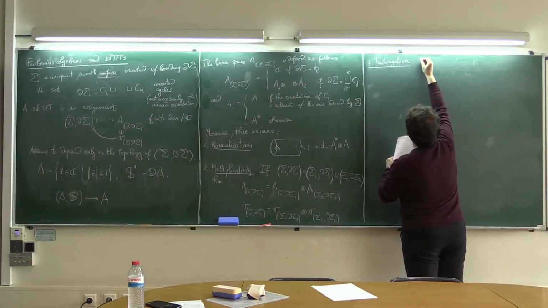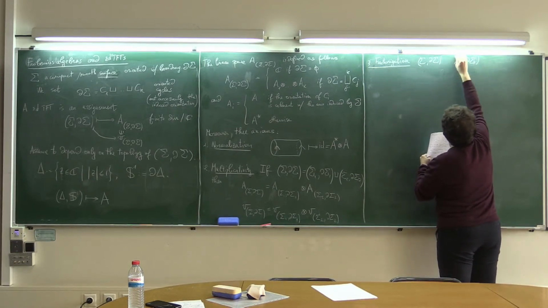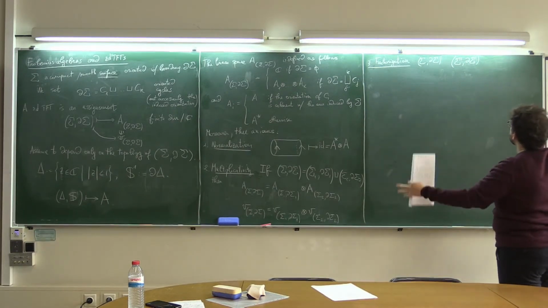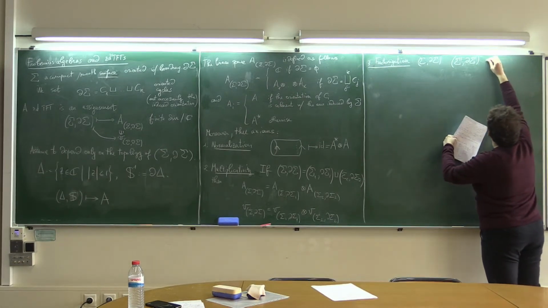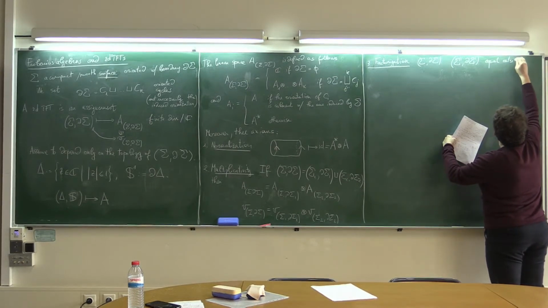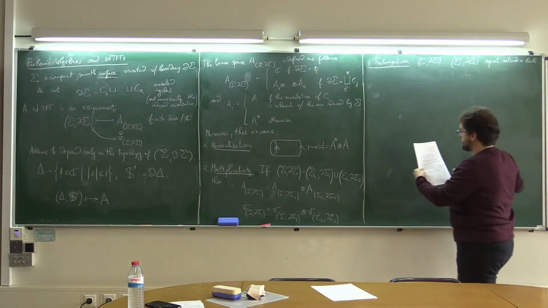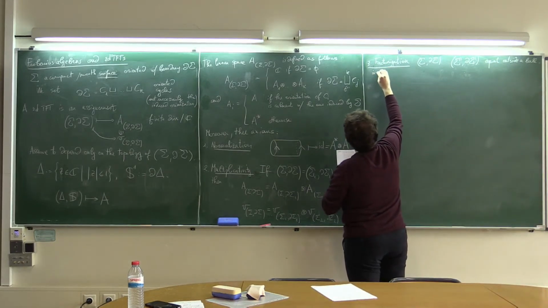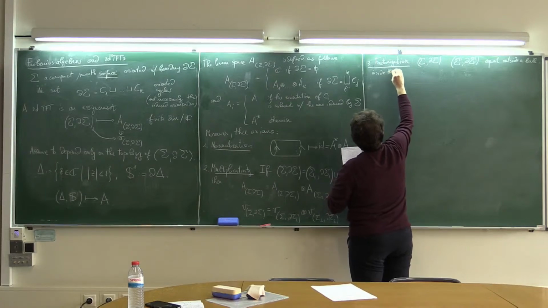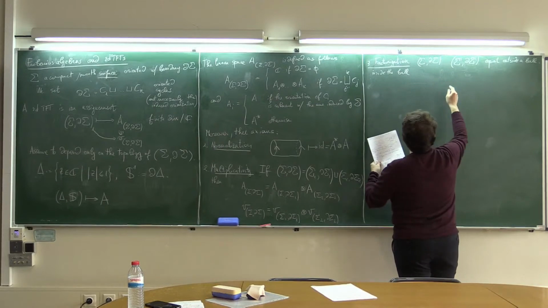So assume you are given two pairs which are equal outside a ball. And inside the ball, they have the following form.